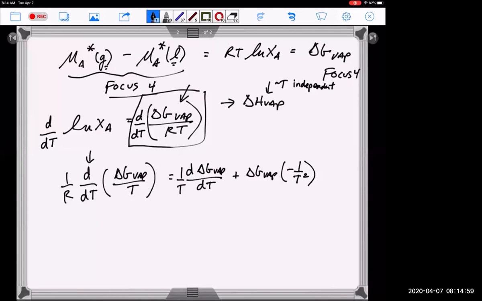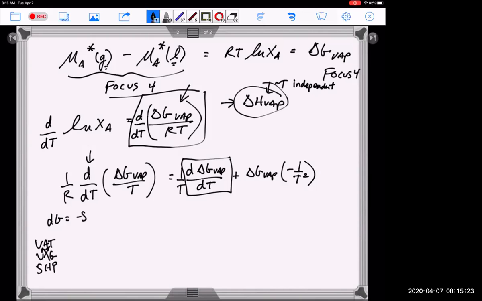And as we developed the Clausius-Clapeyron approach, here. So let's take a look at dG. I always like to use this over and over because I don't like memorizing anything.